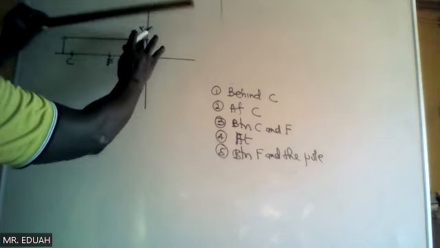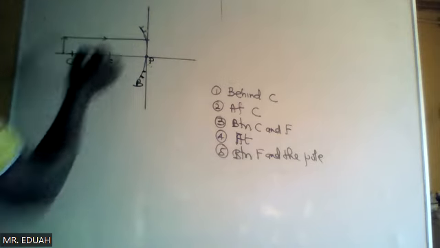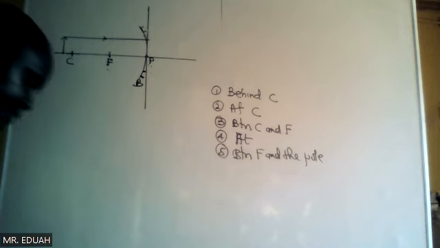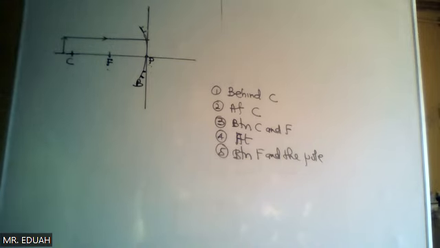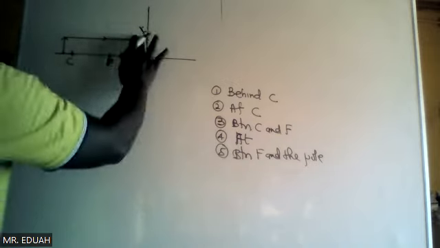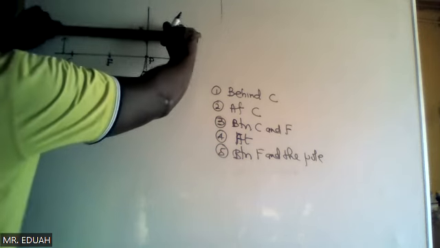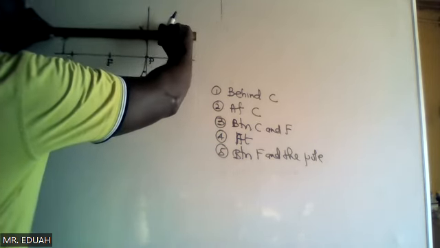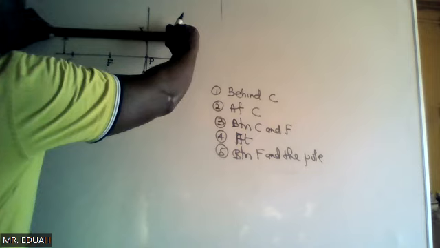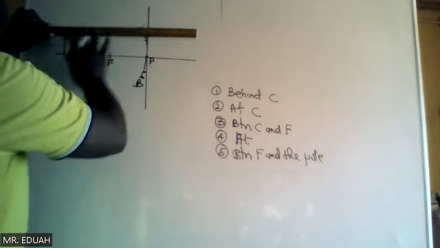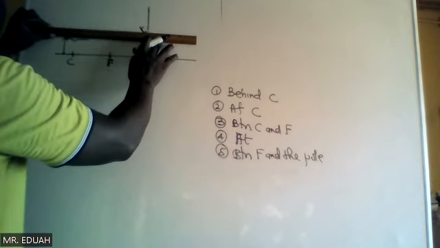And if the ray is parallel to the principal axis, after reflection, what do you think will happen? So if the ray is parallel to the principal axis, let me draw it again. After reflection, the reflected ray must pass through the principal focus. And here you must check to ensure that you are doing the right thing.